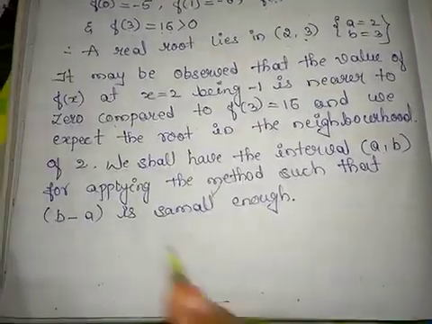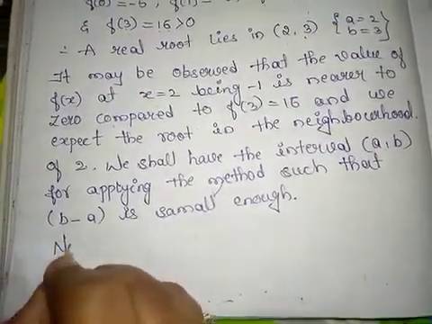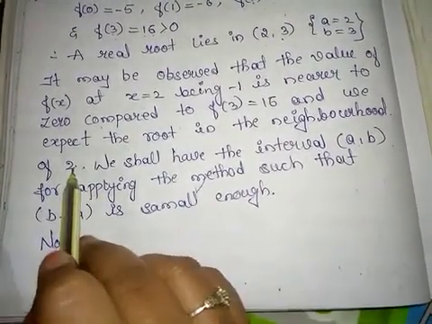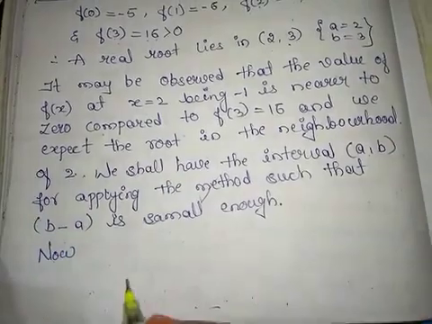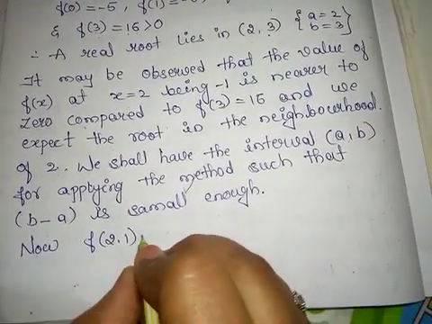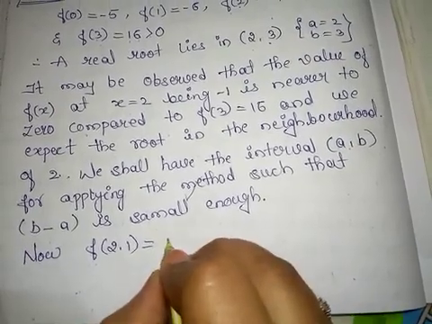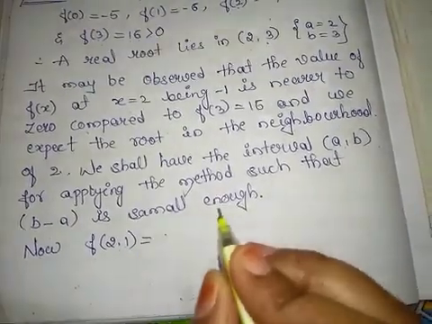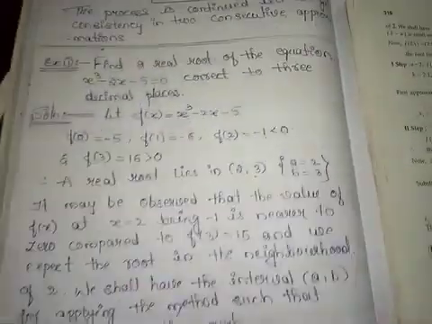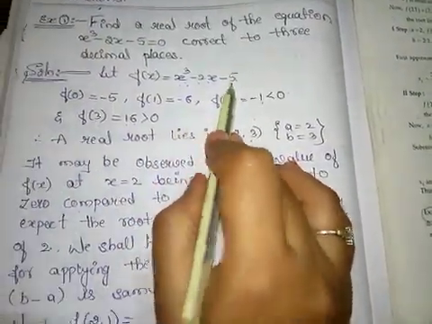Okay. Now we are taking 2 here. After 2, what will we get? f of 2.1. Substitute 2.1 in the given equation, that is f of x equal to x cube minus 2x minus 5.